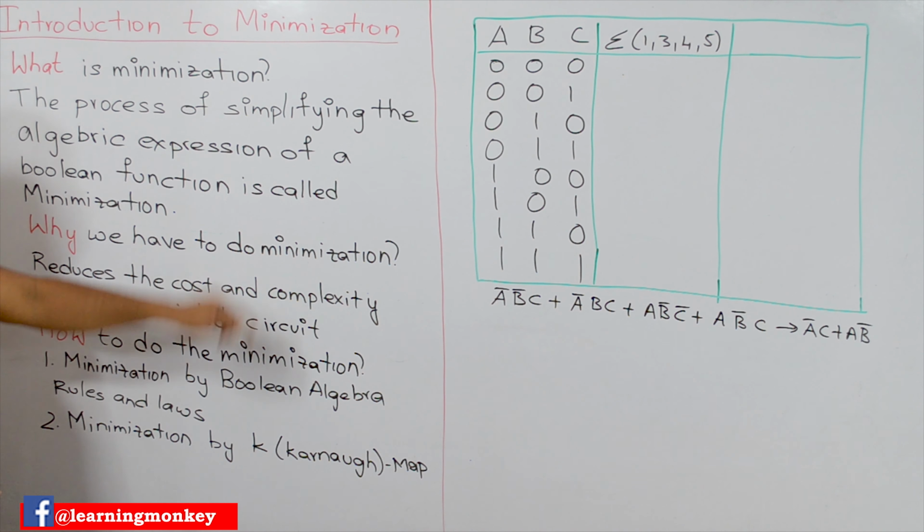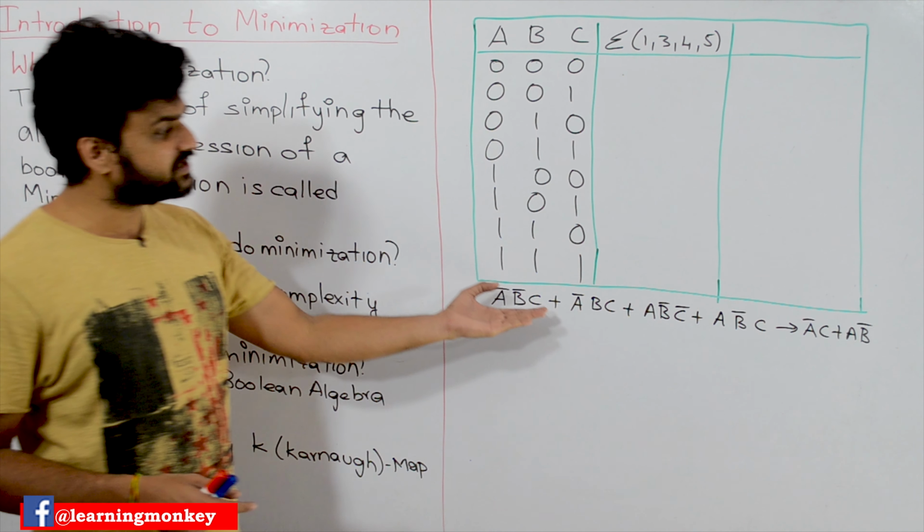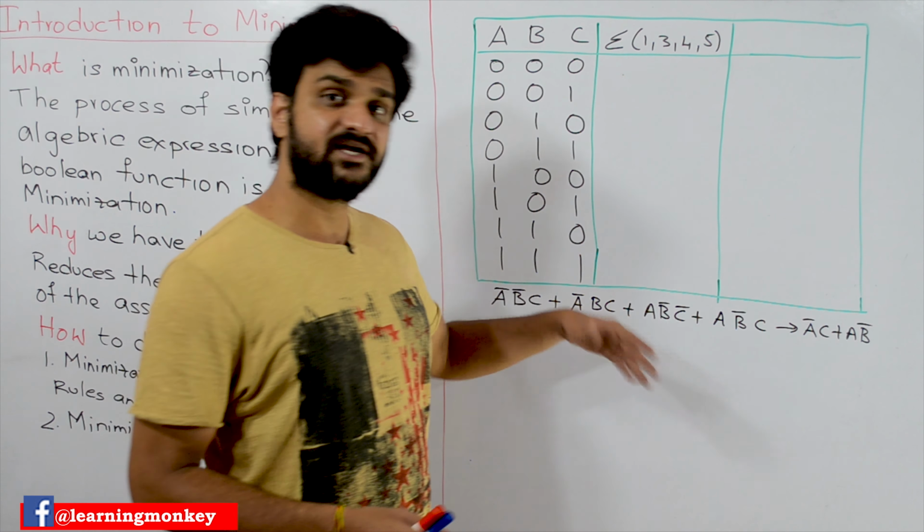Why do we need to do minimization? We have a boolean function, it is very good, and it is going to produce the required output of the given circuit. Why do we need minimization? In order to reduce the cost and complexity of the associated circuit.